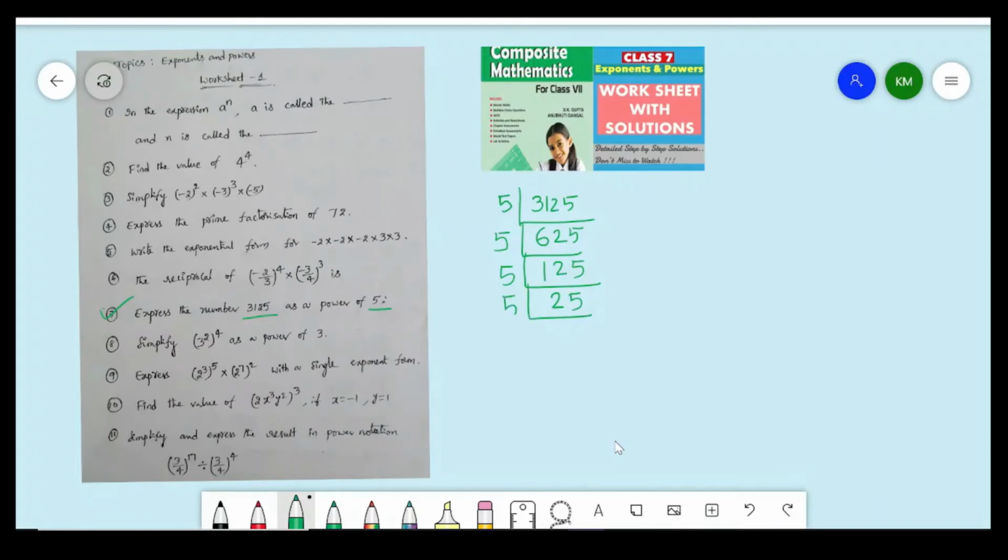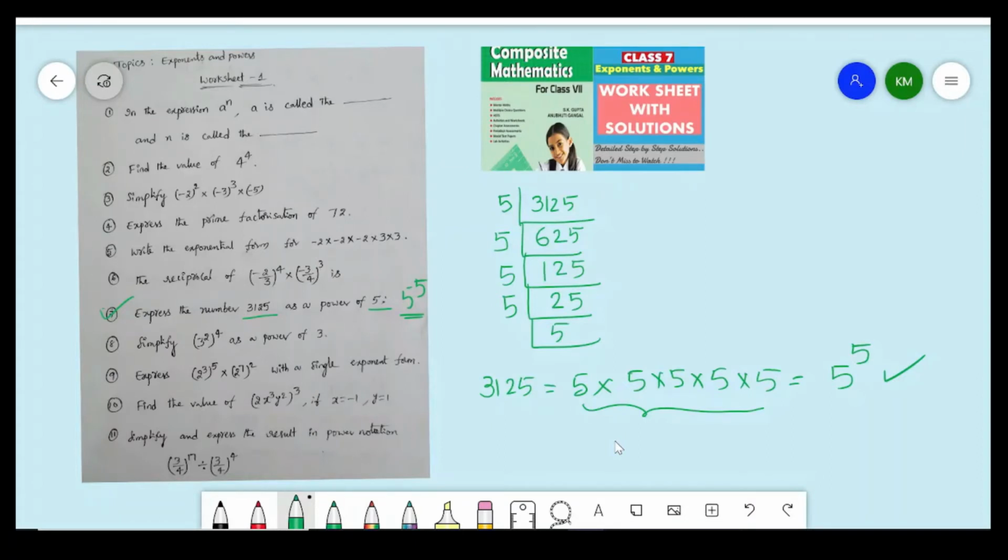Again 5 5s. So the given number 3125 can be written as 5 multiplied by 5, again multiplied by 5, again multiplied by 5, again multiplied by 5. So how many times is it repeating? It is repeating 5 times, so it can be written as 5 power 5. So the given number can be expressed as a power of 5, which is nothing but 5 power 5.